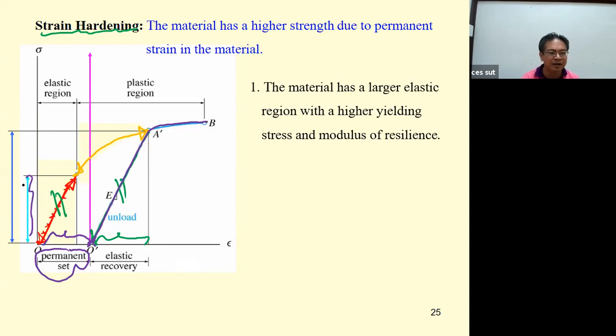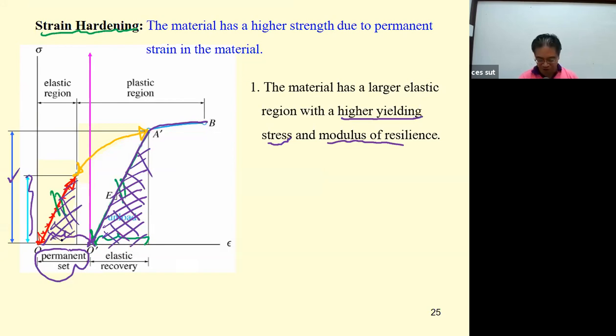The yielding stress goes from the light blue into the blue. That means the yielding stress is higher. And since the yielding stress is higher, the modulus of elasticity, which is the area of the stress strain diagram during the linear elastic portion, will get larger also.